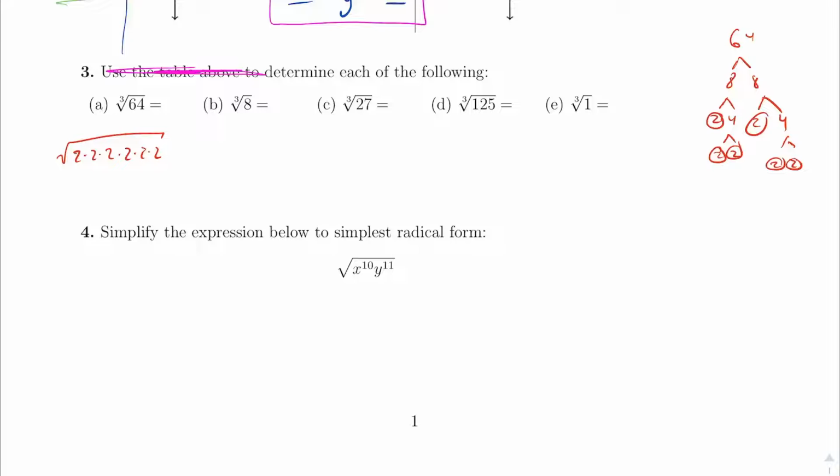Unlike square roots, where you're trying to find groups of 2, with cube roots you're trying to find groups of 3. So we have one group of 3 here and one group of 3 here, so we can write that as the cube root of 2 cubed times 2 cubed. Cube roots and cubes cancel out, giving us a 2, and another 2, so 4 total.